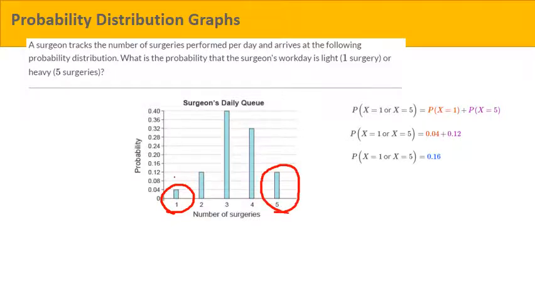Notice this one is 0.04, then this other one is 0.12. We would add those 2 bars up and we would get around 16%. So you take the probability of getting 1 plus the probability of getting 5. So about 16% of the time, the surgeon's workload is either light or heavy.